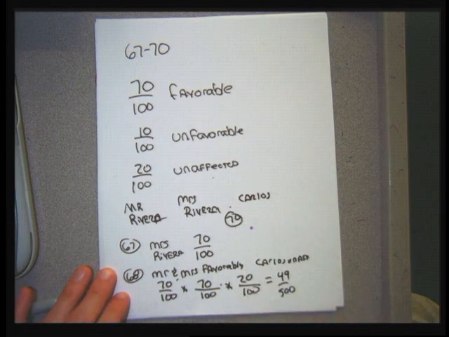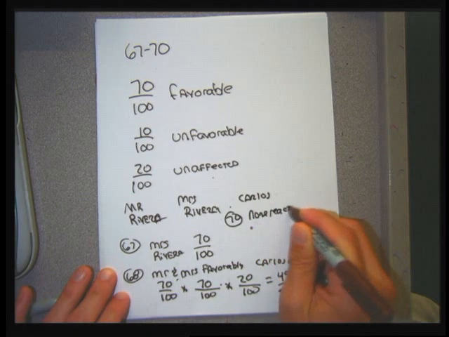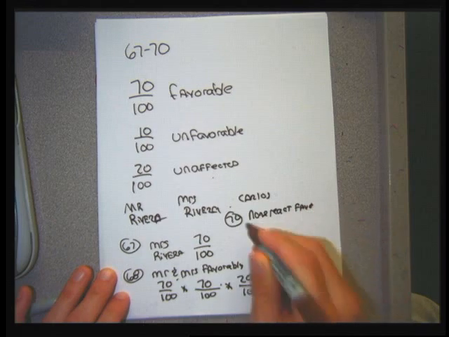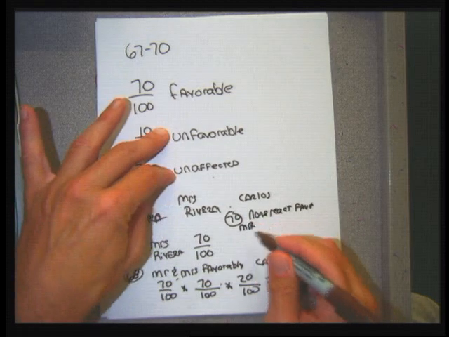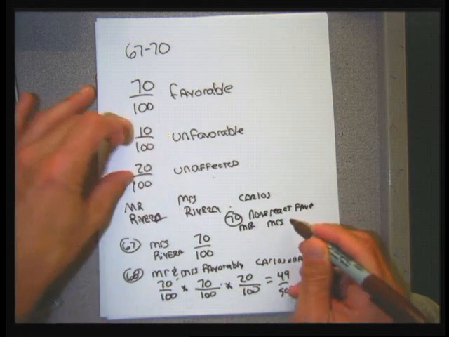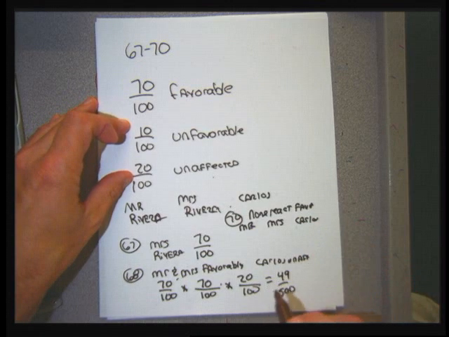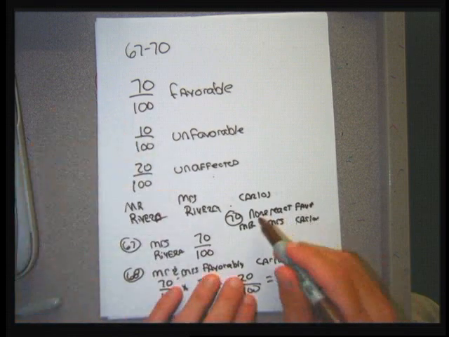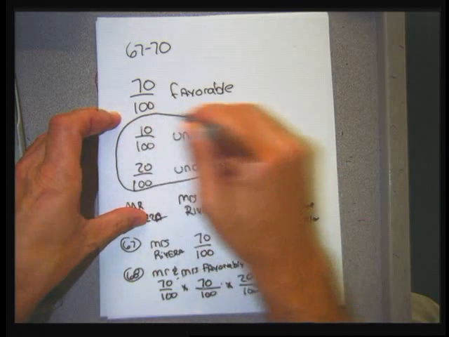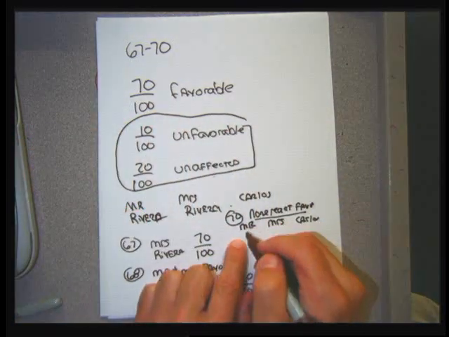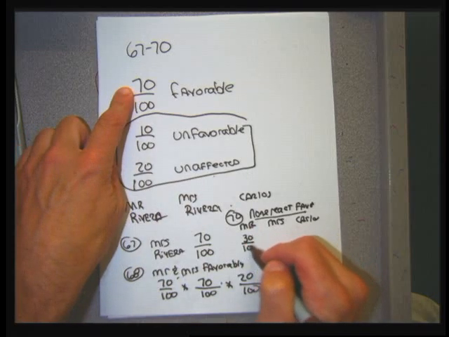And the last one, 70, is none reacts favorably. So Mr. Rivera is either unfavorable or unaffected. Mrs. Rivera isn't favorable, so she's unfavorable or unaffected. And Carlos is not favorable, so he's unfavorable or unaffected. So to not react favorably, you're in one of these categories. The probability that Mr. Rivera doesn't react favorably is the opposite of 70 over 100, which is 30 over 100.